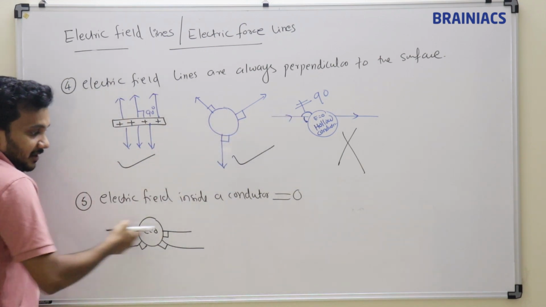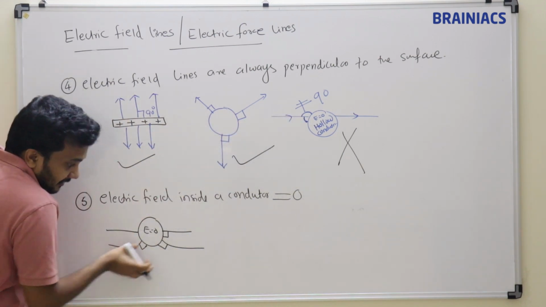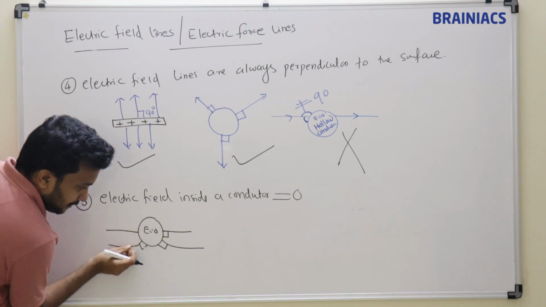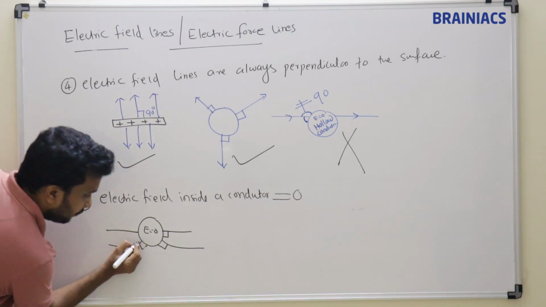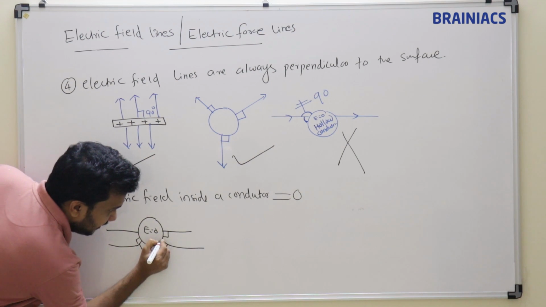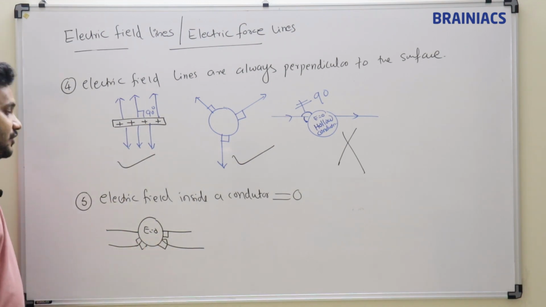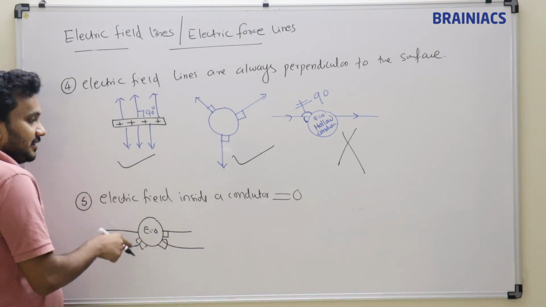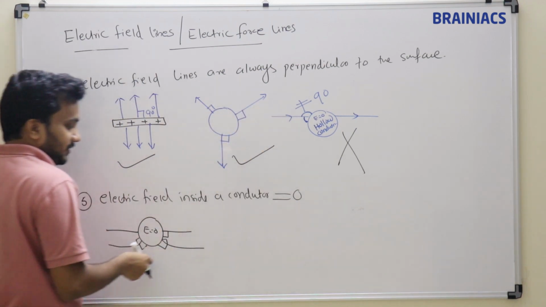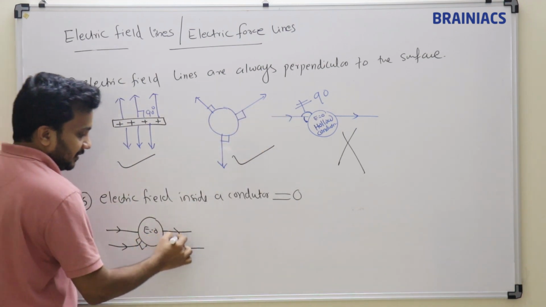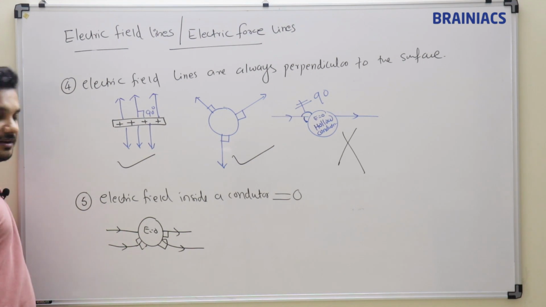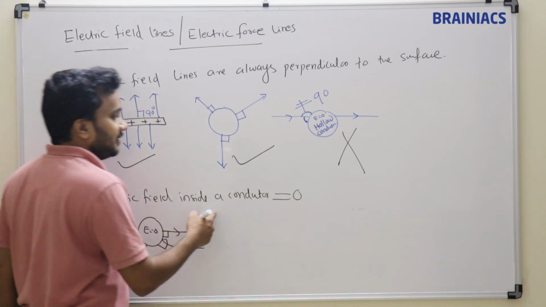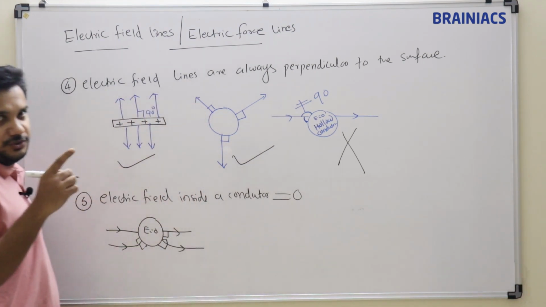This straight line is applicable along the center portion, but when it comes to the side, some small bending is required, then only it will make exactly 90 degrees on both sides. So electric field lines are always perpendicular to the surface. This is an example of electric field lines passing over the conductor, and inside the conductor the electric field will be equal to 0.